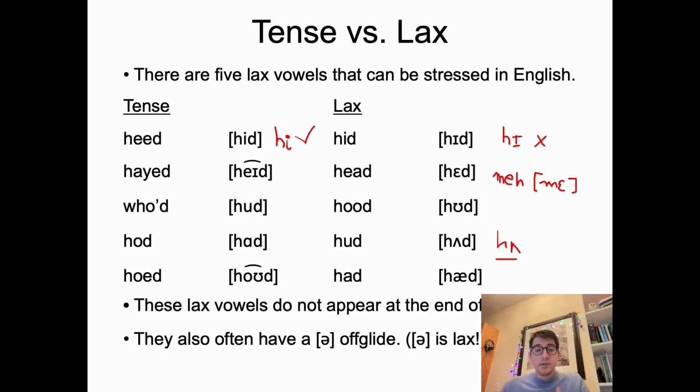The lax vowels also have what we call an off glide, and that is a schwa. Schwa is lax. You can produce these, for example, instead of "had", and we've heard that in some of the previous lessons, instead of producing them as "had", you produce them as "had", as if inserting a schwa a little bit there, like this, right?